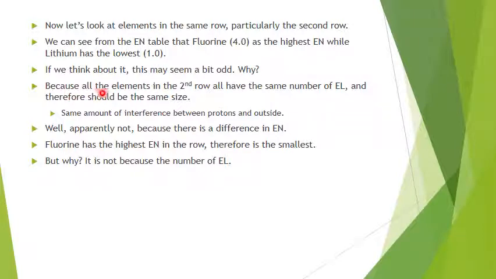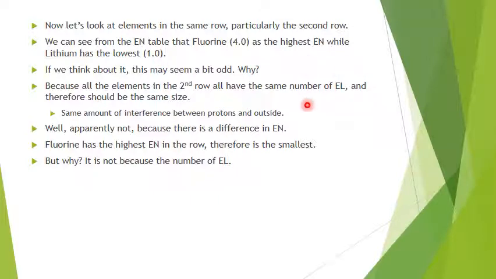And why is that? Because all the elements are in the second row and they have the same number of energy levels. So that means they should be the same size and have the same interference effect from the layers. Well, apparently not, because there is definitely a difference in electronegativity. Fluorine is 4.0 and lithium 1.